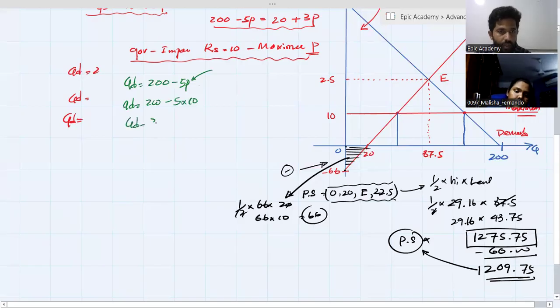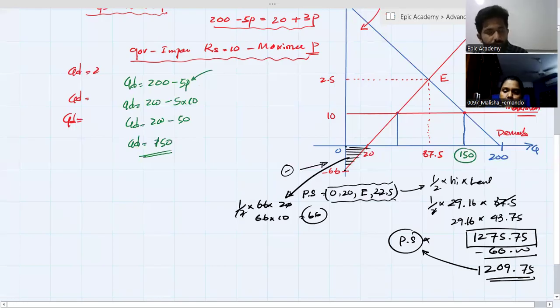QD equals 200 minus, it is just 50. So then QD becomes 150. Okay. So this is the amount. 150. Okay. Now demand has increased from 87.5 to 150. Now you can identify the negative relationship between price and quantity demanded.